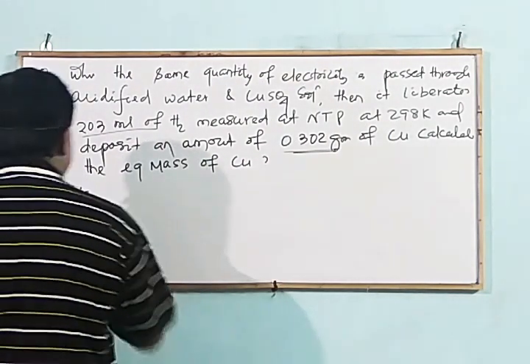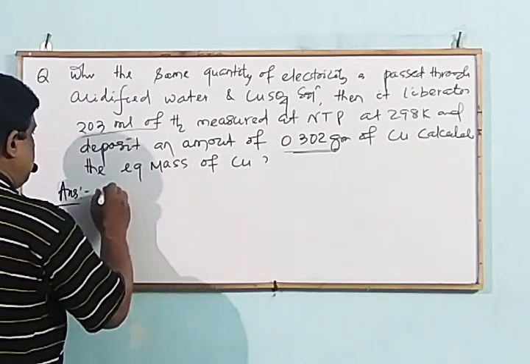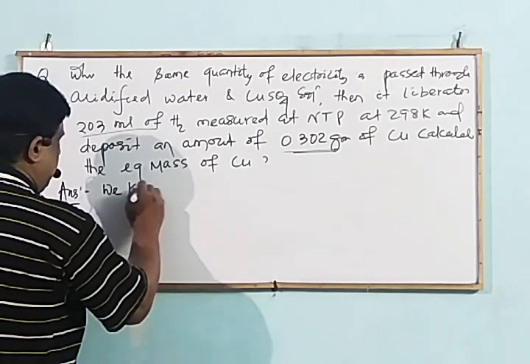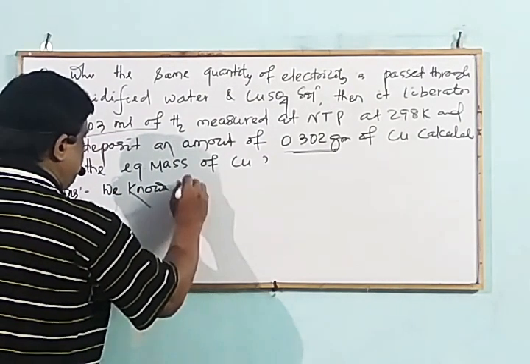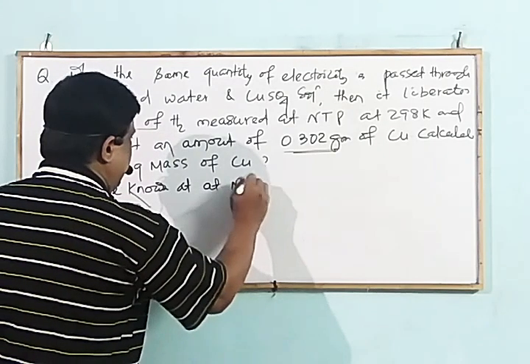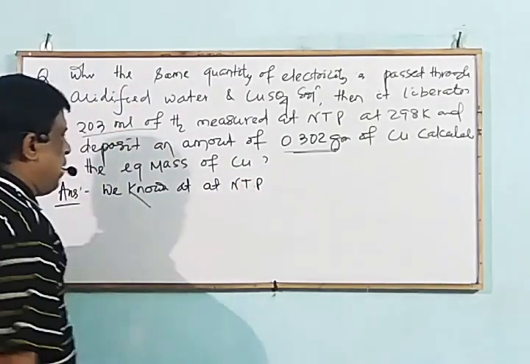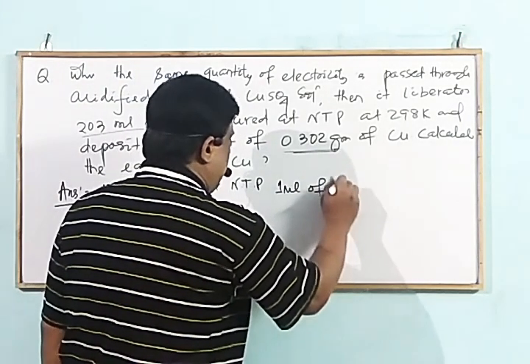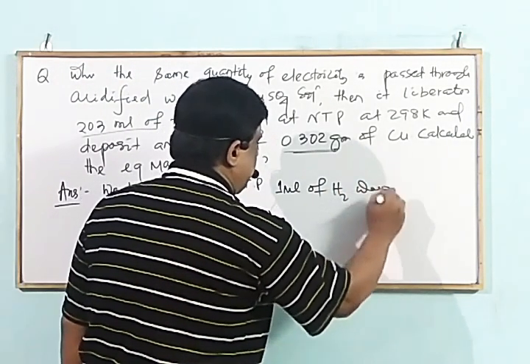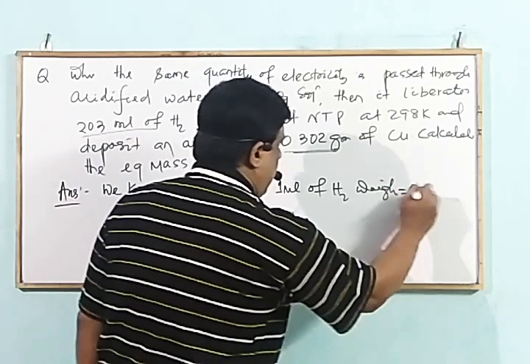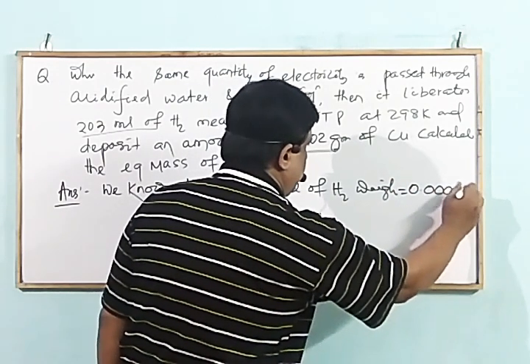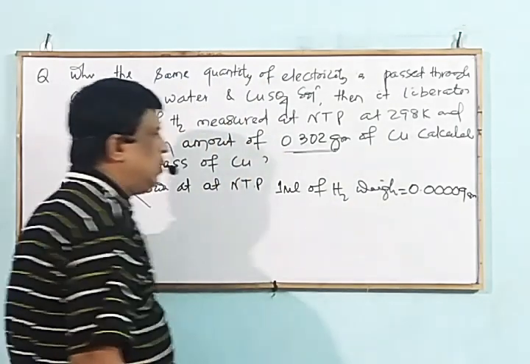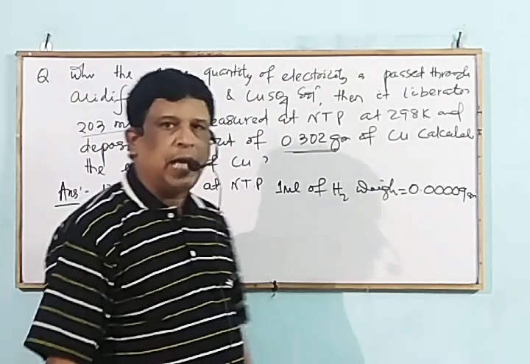We know that at NTP, at normal temperature and pressure, 1 ml of hydrogen weighs 0.00009 gram.